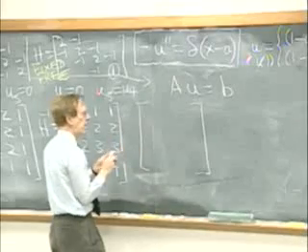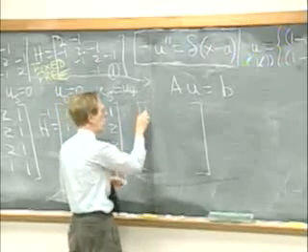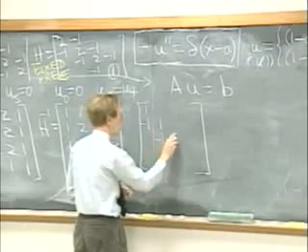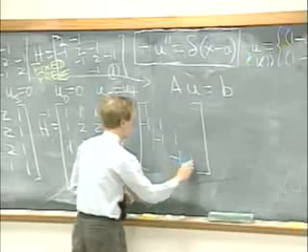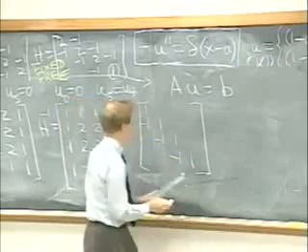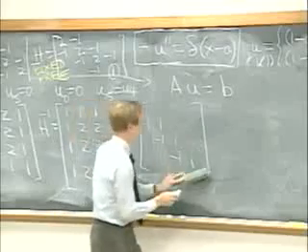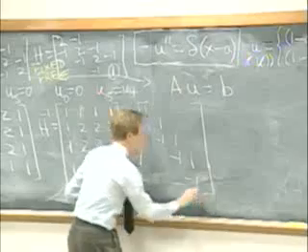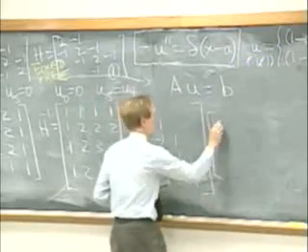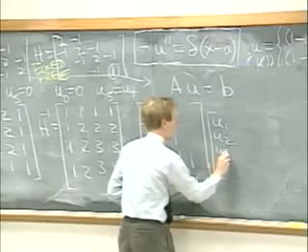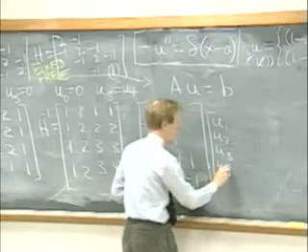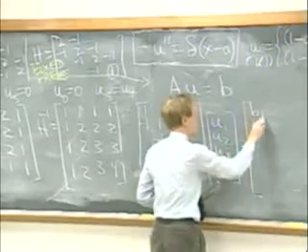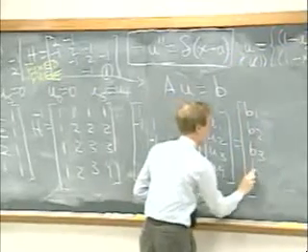It's going to be rectangular, a matrix with 1, minus 1, 1, minus 1, 1, minus 1, 1, and a final minus 1. And I measure b1, b2, b3, b4, and b5.